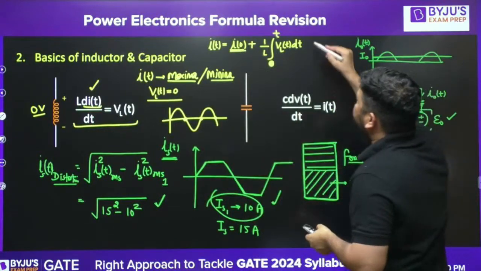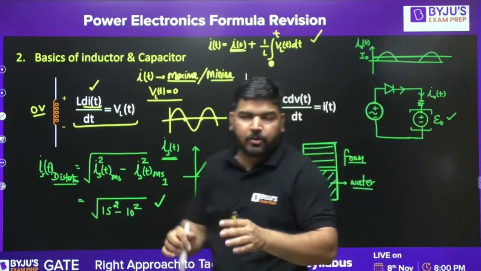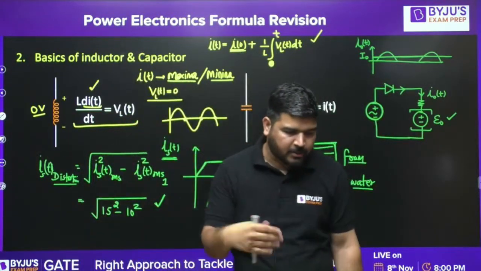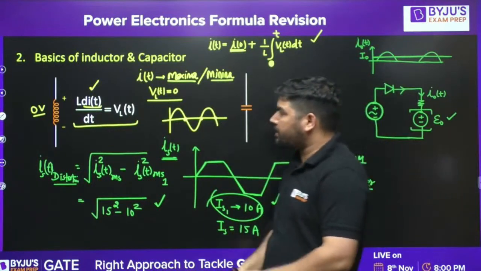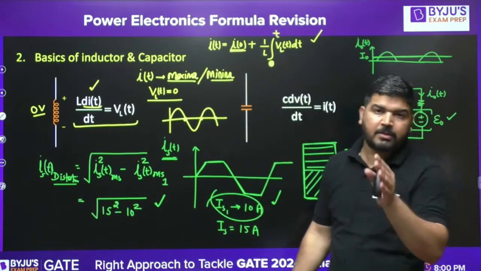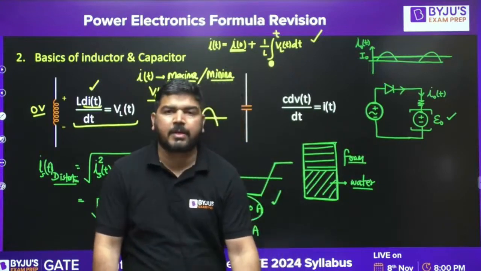Now, using this relation, I'm not going to the basic thing, I'm just revising and telling you the information. If you don't know that information, please go to your notes and revise that.